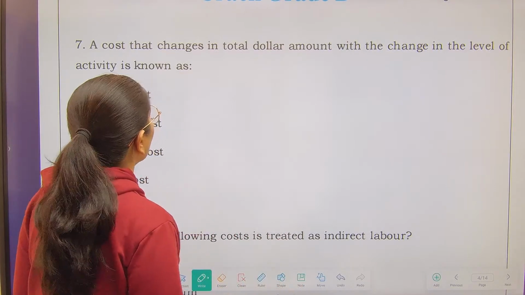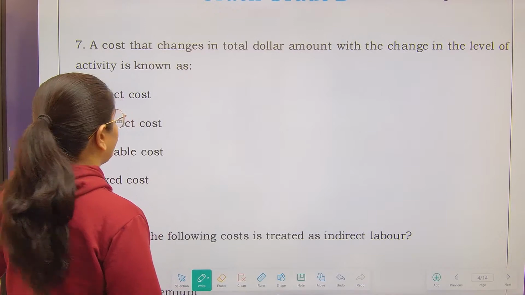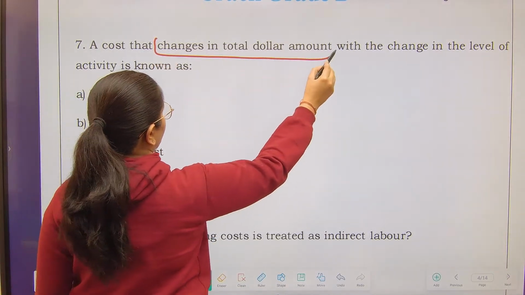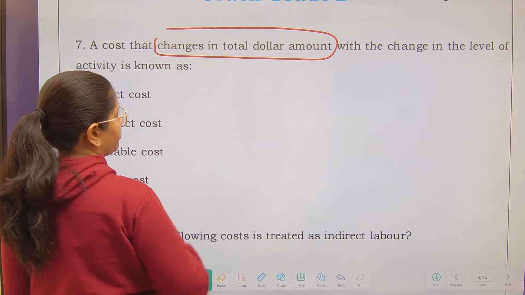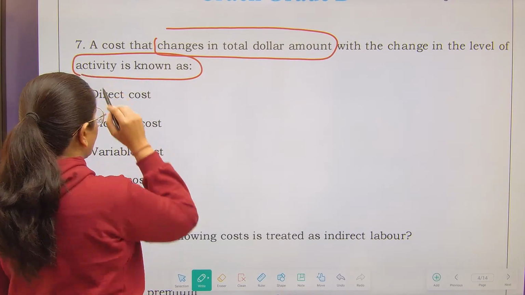Question number 7. A cost that changes in the total dollar amount with a change in the level of activity. A cost whose total amount changes with the changes in the level of activity is known as what?